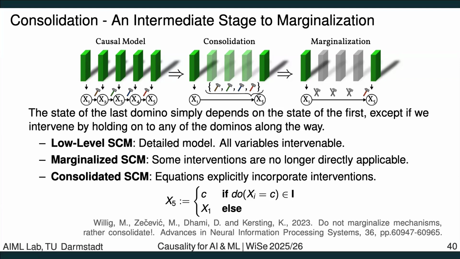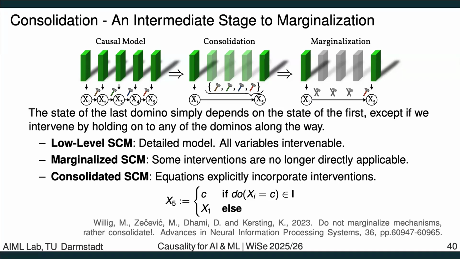But in this sort of simple model, we can still simplify and retain our ability to intervene. It's really clear that the last domino will follow the state of the first one, either if it's tipped over or not. But if there is an intervention along the way, so if we tip over or hold on to any of the intermediate dominoes, then the last domino will take the value of this intervention.